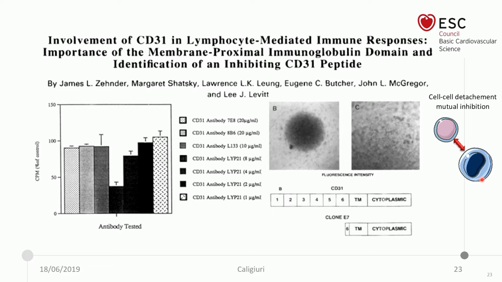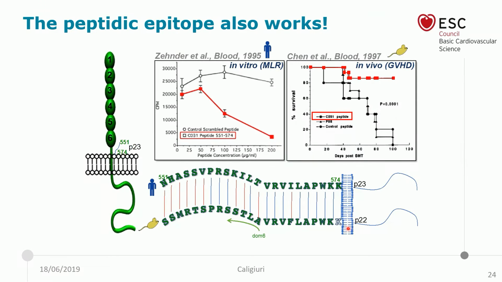The antibodies directed against this portion are engaging the receptor in a permanent way, so that even if they were activated, they still receive the detachment signal, and they detach from each other, because the cells are not dead. They have just cleaved their CD31, so they have energy to do the function.